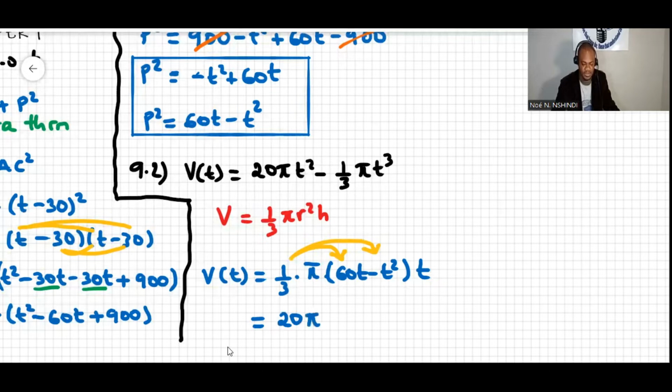Then minus a third pi t squared times t, multiplying the t with each term.